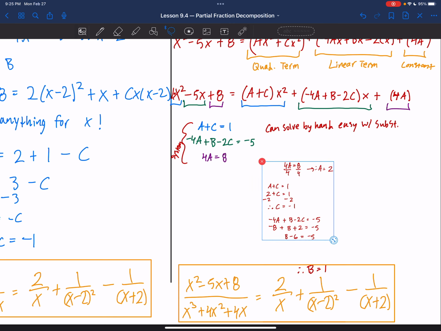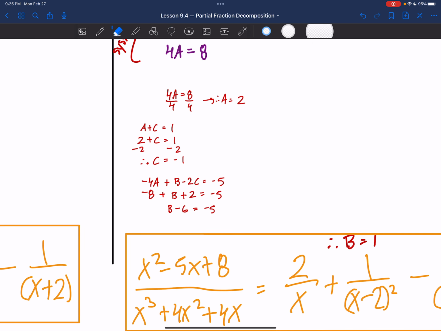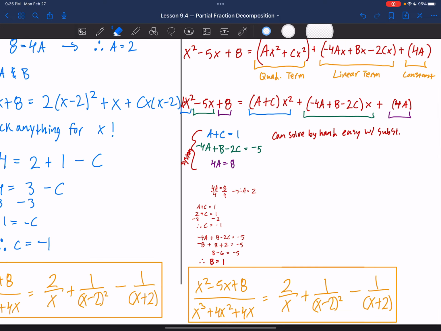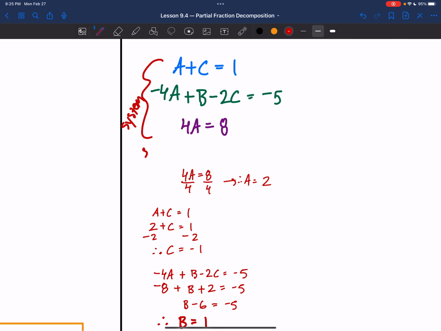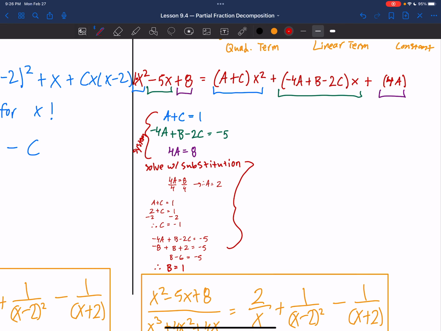Look at that. I love this little iPad. Sorry, I'm just rearranging because I'm going to show you something else. I'm sorry for chewing up video time. This can be solved easily with substitution. That's all the by hand business. So all of this is by hand.